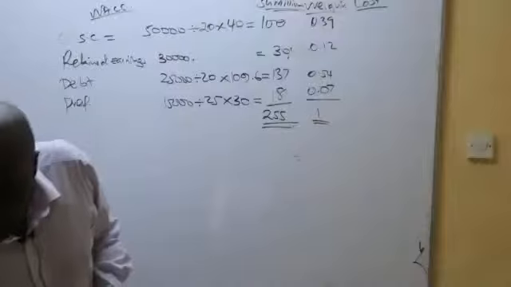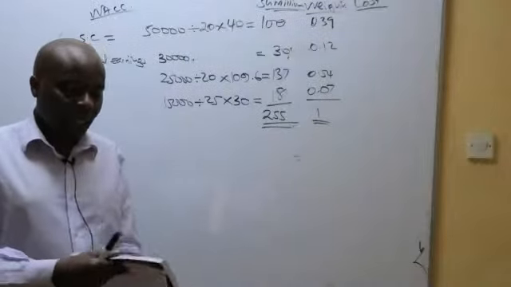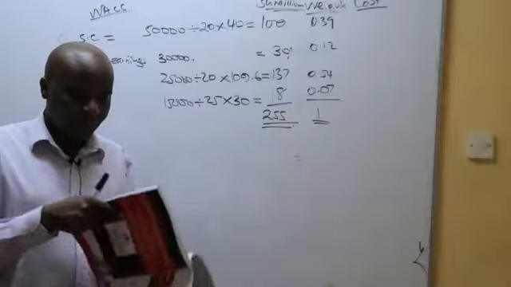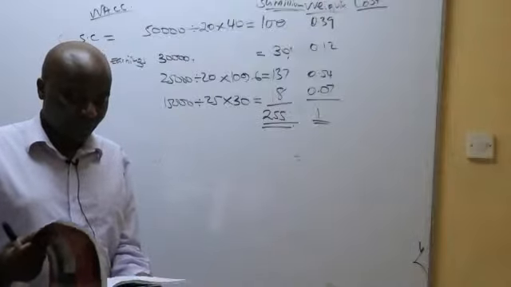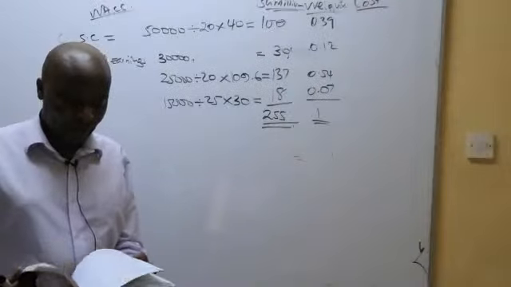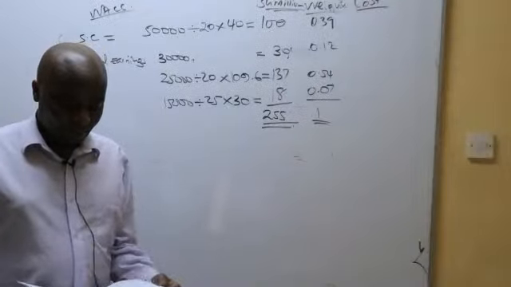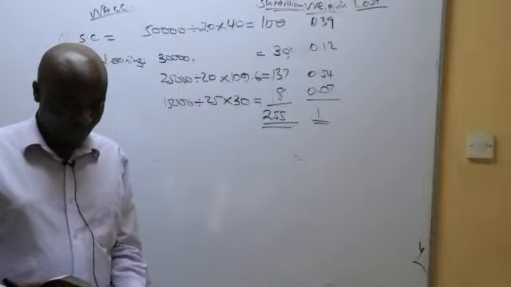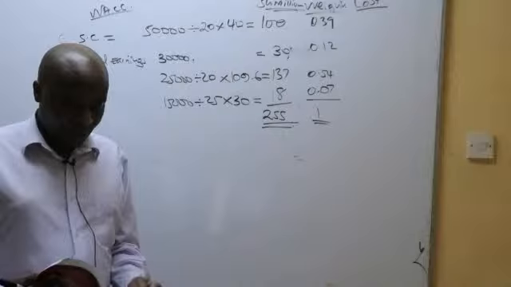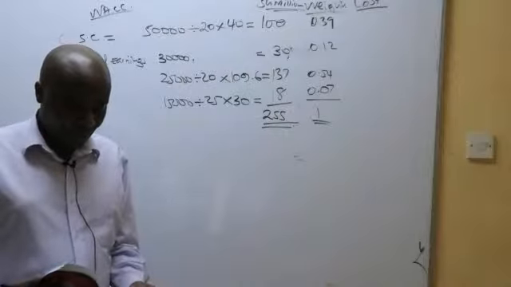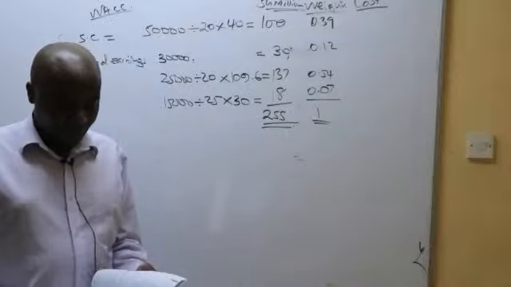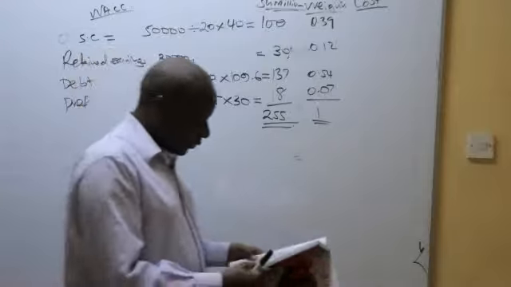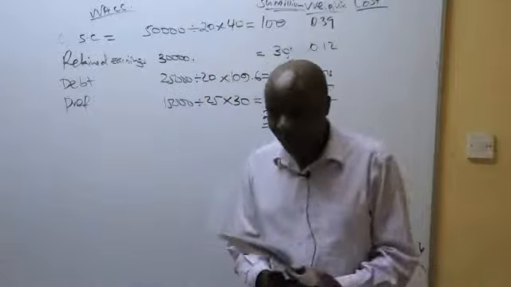I have the figures myself, I could simply come to them and make reference very fast. Problem is that they are not talking to me so much. So the cost of ordinary shares, we got a figure of 21.5%.